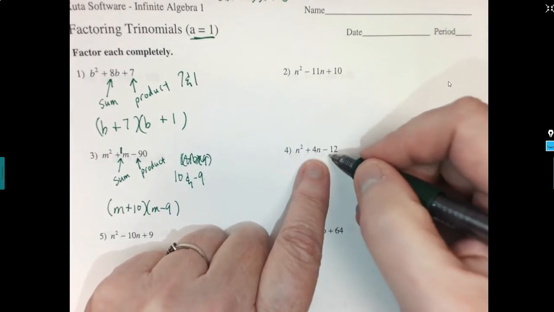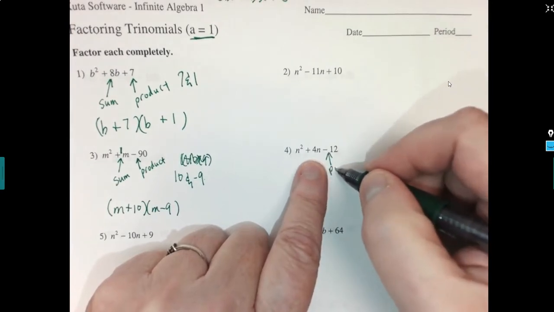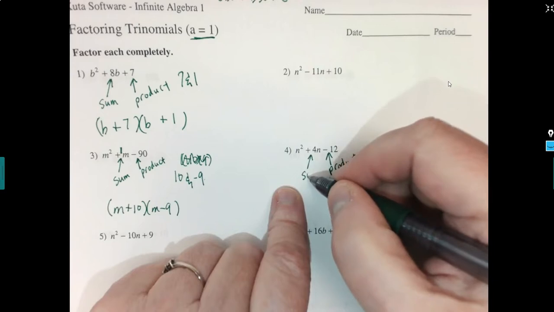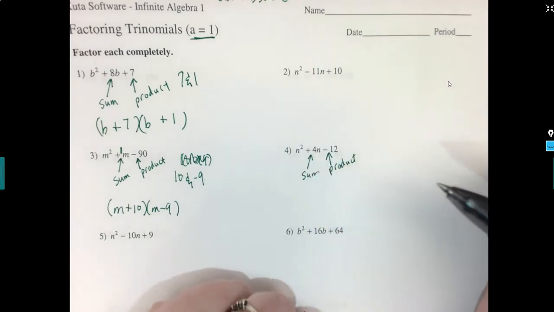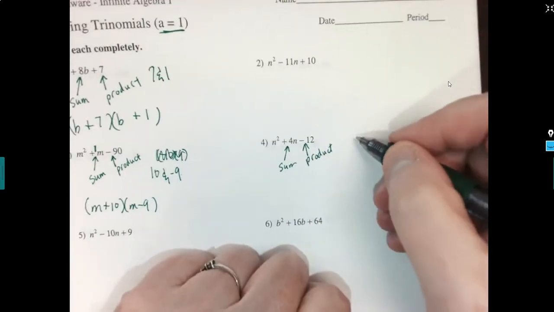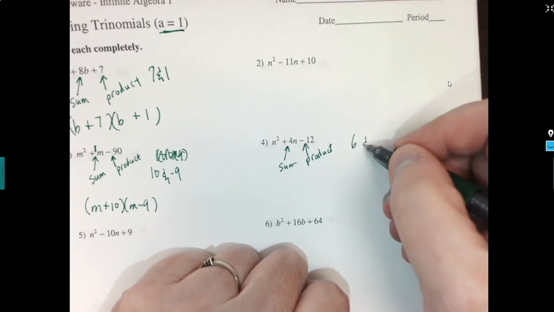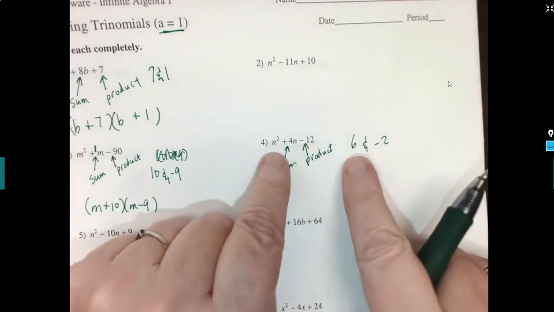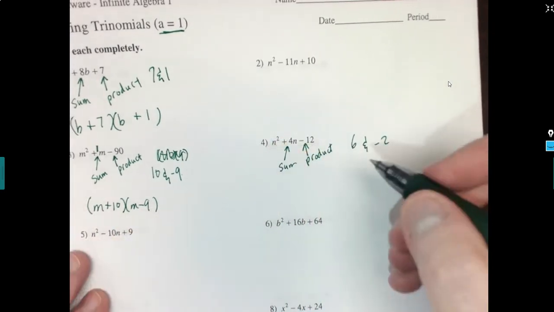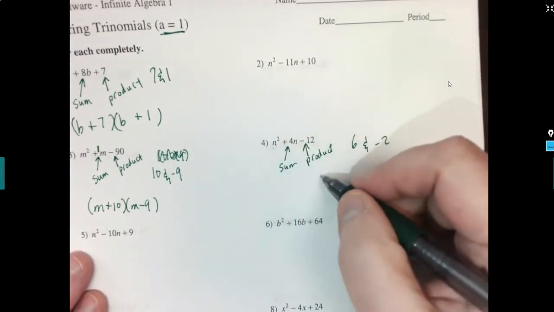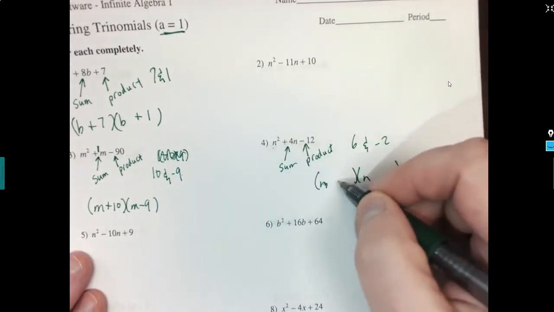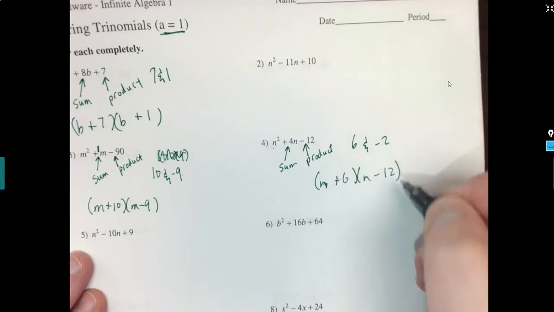Two numbers whose product is negative 12, but at the same time their sum is positive 4. How about positive 6 and negative 2? So 6 times negative 2 is negative 12, and 6 plus negative 2 is positive 4. And our variable here is n. And so plus 6 and minus 2 should work.